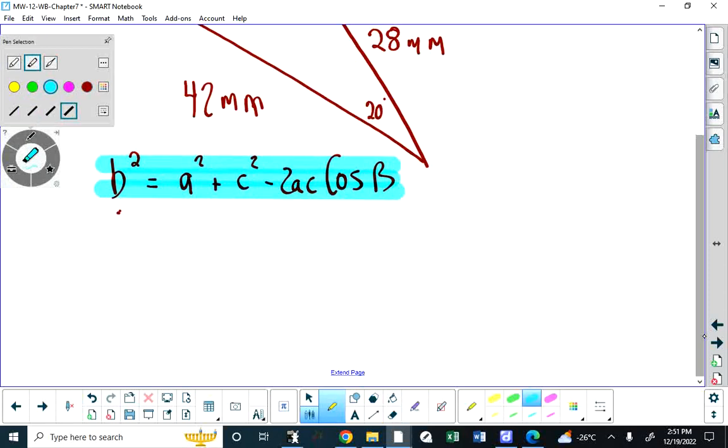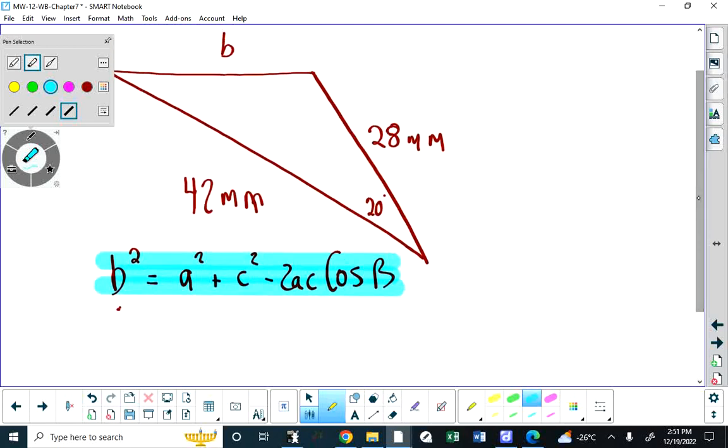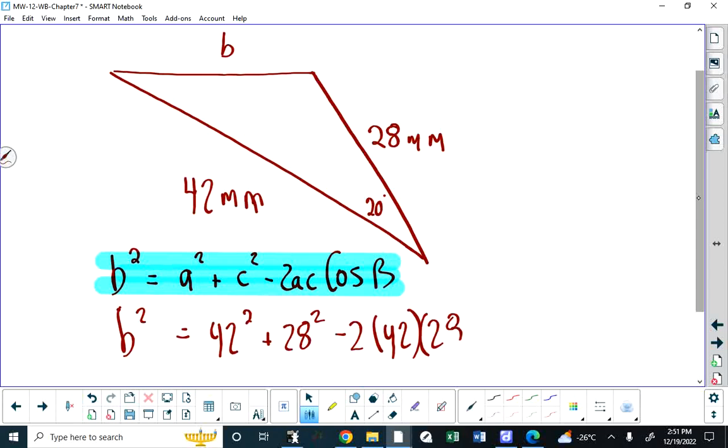You could simply say, well, okay, I know two sides and the angle between them. To find the missing side, I do this: 42 squared plus 28 squared minus 2 times 42 times 28 times cosine of 20 degrees. It's almost like a rhythm kind of thing. It's a pattern.